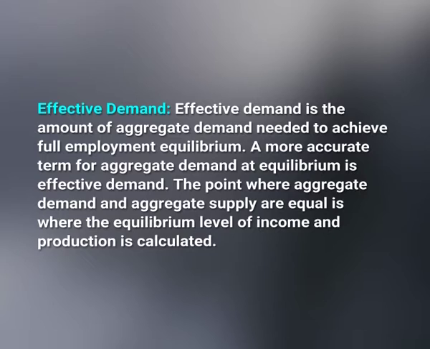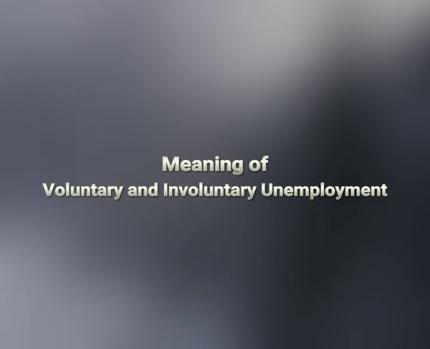A more accurate term for aggregate demand at equilibrium is effective demand. The point where aggregate demand and aggregate supply are equal is where the equilibrium level of income and production is calculated.